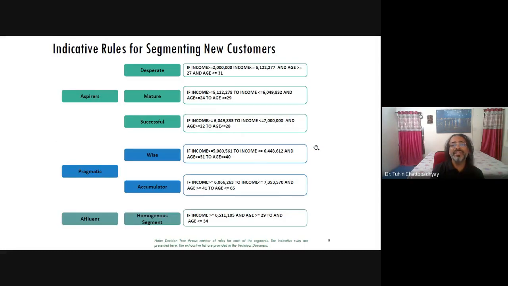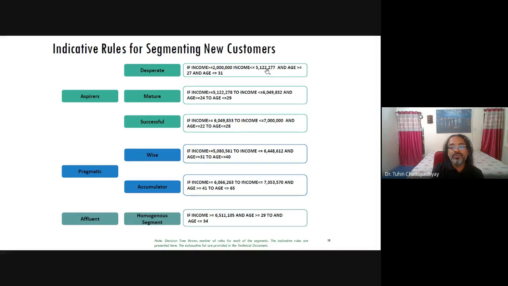Now I can create precise rules from my decision tree. If income is between say 2 million to 5.12 million and age is between 27 to 31, then the probability of a customer in this income and age bracket being in the disparate segment is, say, 0.92. These are indicative; I have not given the exact rules in the PPT.